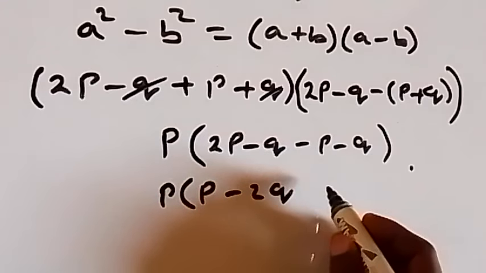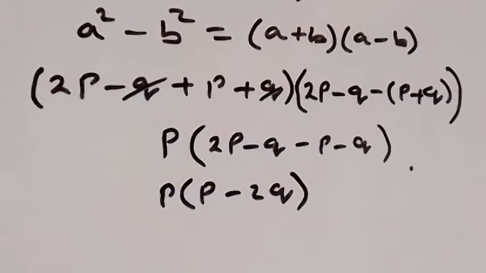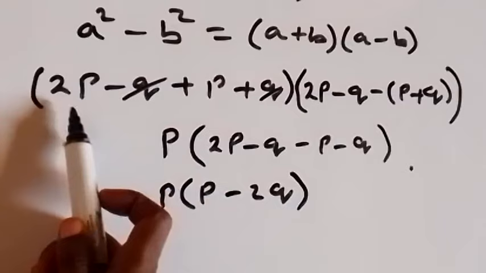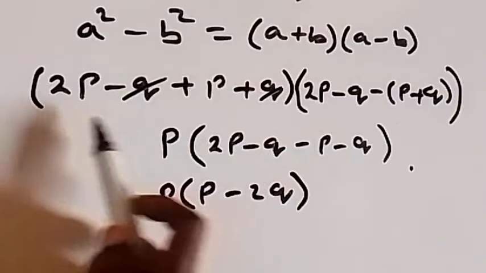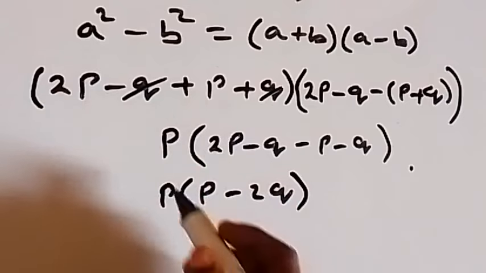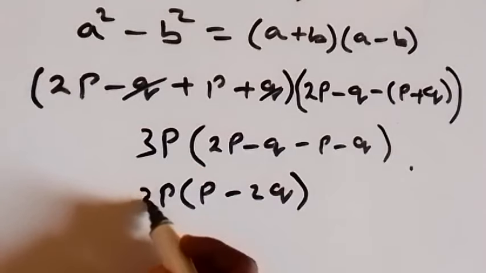But sorry, looking at the first bracket, q cancels out, but what we have is 2p plus p, that's 3p. Sorry about that. So that's 3p here.